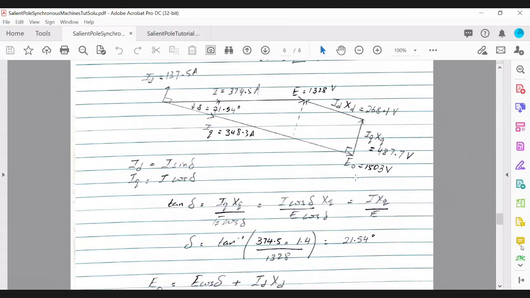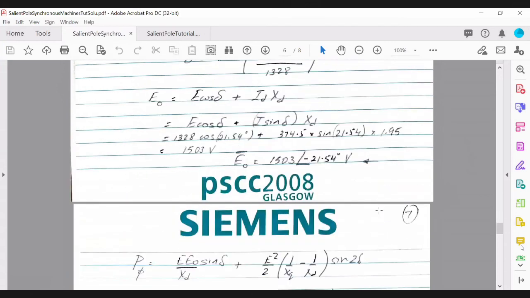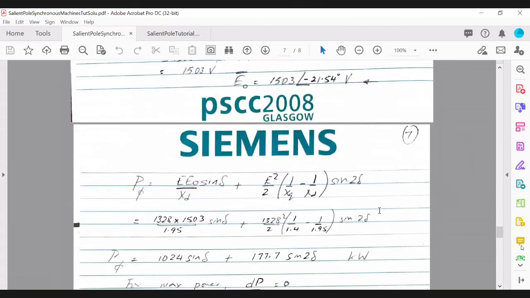Also remember how the equations for the angle delta are derived: you always take tan of delta as the opposite divided by the adjacent phasor, which is E cos delta, and you can solve for the angle. Right, so moving to the last part.